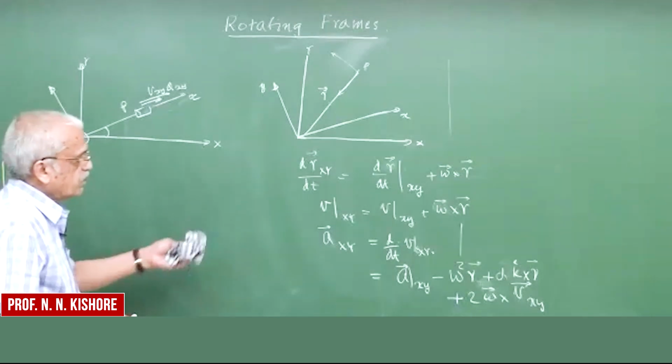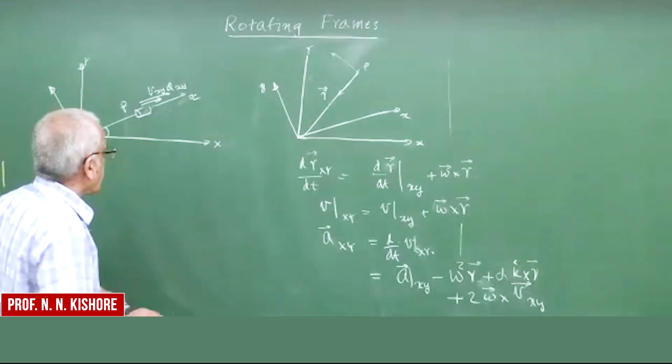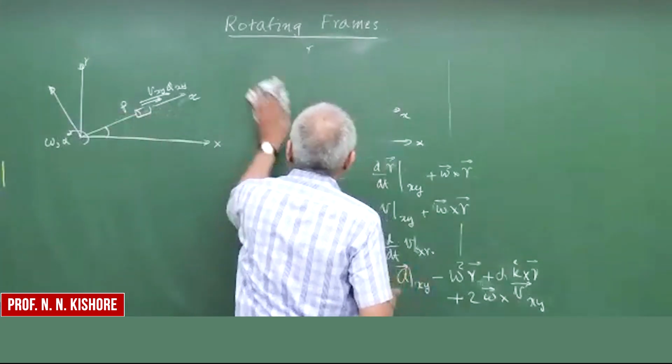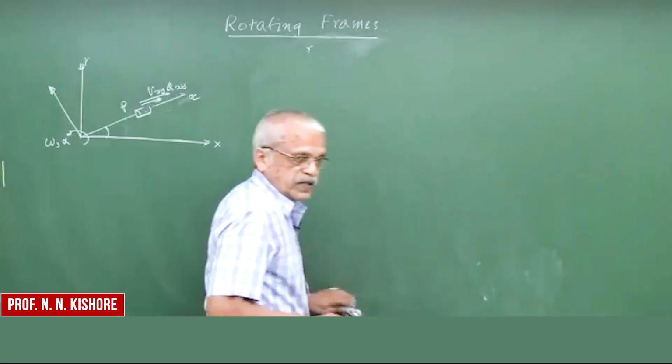Now if we try to understand the absolute velocities with respect to the big XY fixed frame, that's easy to understand.